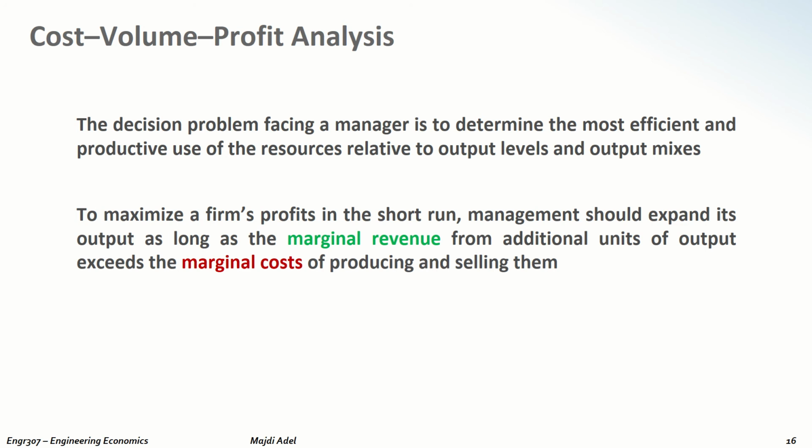Now we come to cost volume profit analysis. To measure the profitability of any business, we need to consider what we call marginal revenue and marginal cost. The purpose of the company is to maximize its profit.